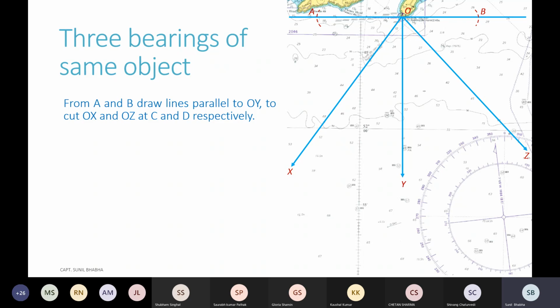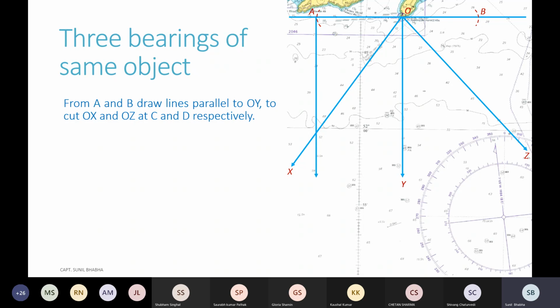Now, once we have these points A and B marked on the line, we have to now draw lines passing from A and B, which are parallel to our middle bearing. Our middle bearing is OY. So we will draw a line passing from A parallel to OY.